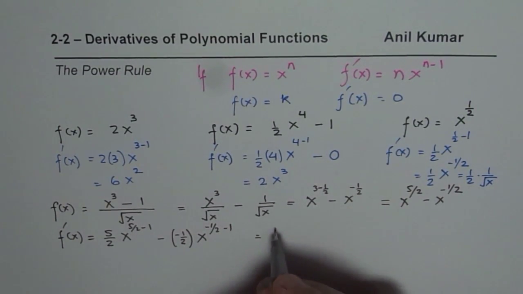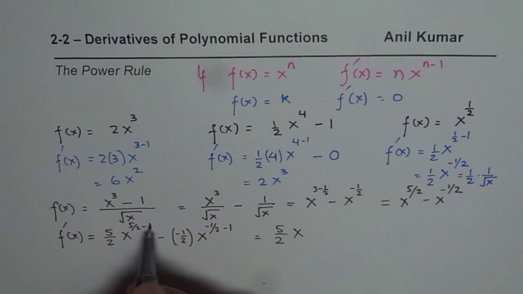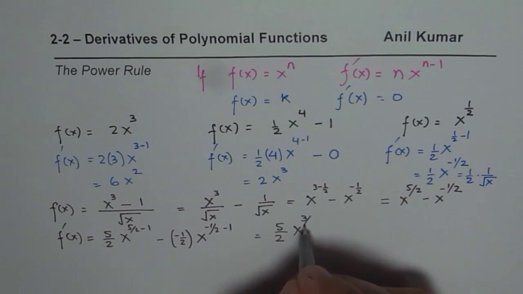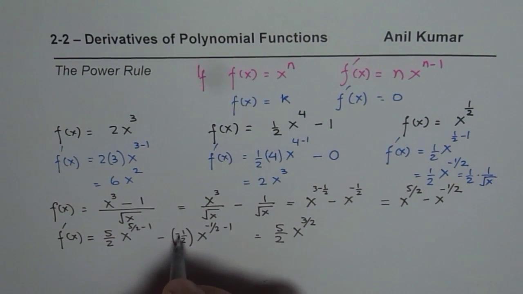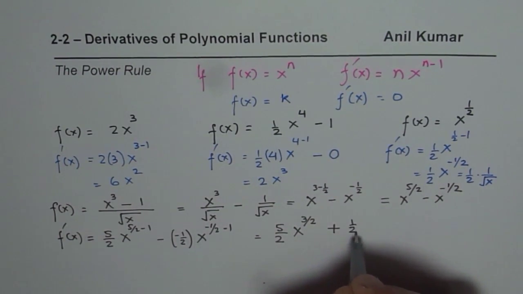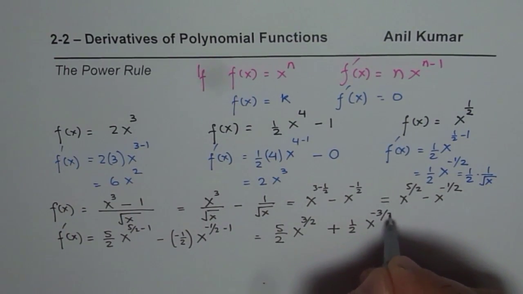Let's simplify this again. 5 over 2 x to the power of, taking a common denominator, 2 over 2, 5 minus 2 is 3, so we get 3 over 2. And on this side minus and minus becomes plus half x to the power of minus 3 over 2. Do you see that?